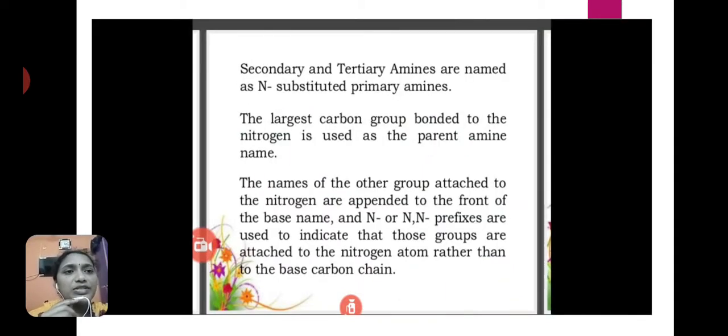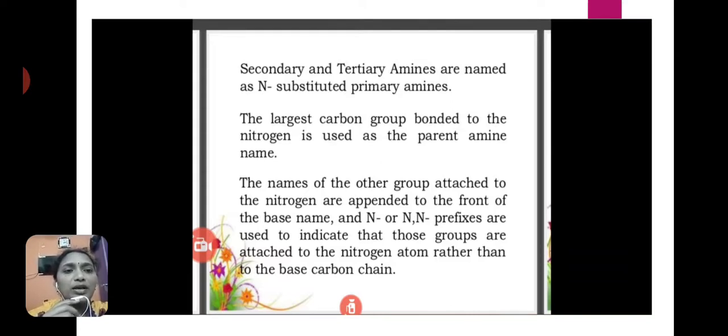Secondary and tertiary amines are named as N-substituted primary amines. The largest carbon group bonded to the nitrogen atom is used as the parent amine name.